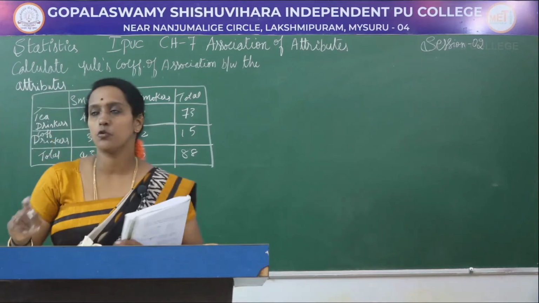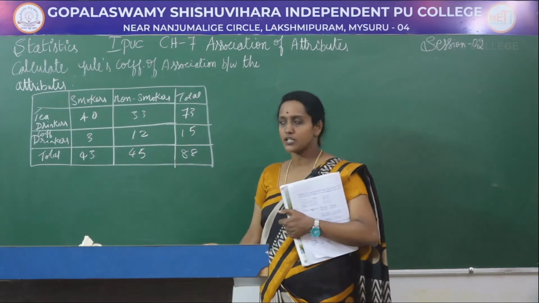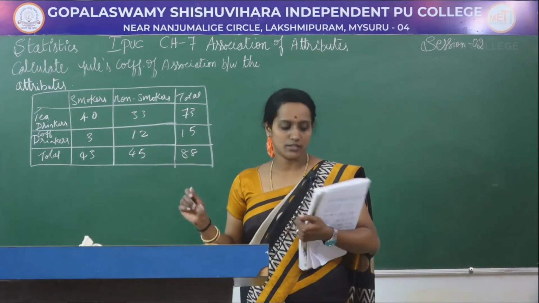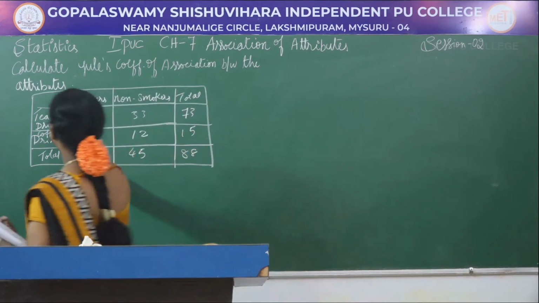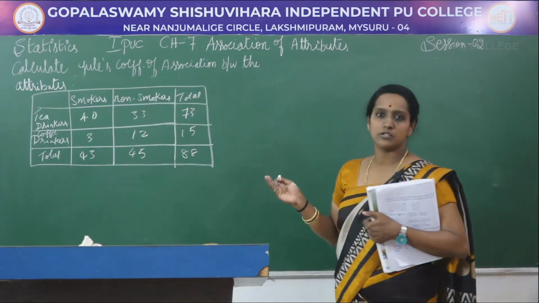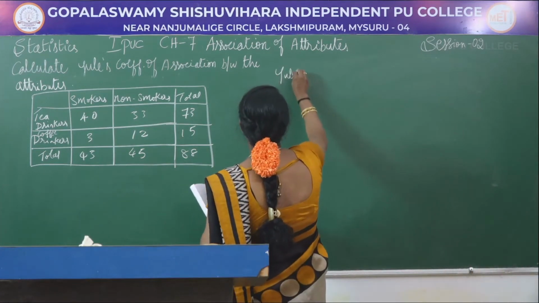This data shows the smokers, non-smokers, tea drinkers and the coffee drinkers. We know the Yule's coefficient formula. Let me write that formula first.